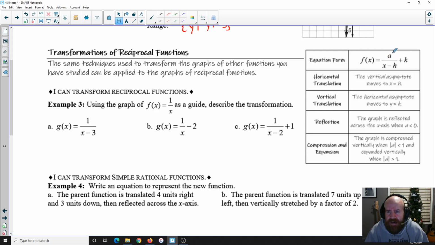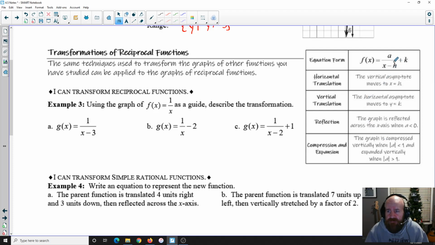A number on top other than 1 would mean that it is getting vertically stretched or compressed. If it's bigger than 1, it's growing faster, so it's getting stretched. And if it's between 0 and 1, if it's a fraction, then we are compressing by that factor.